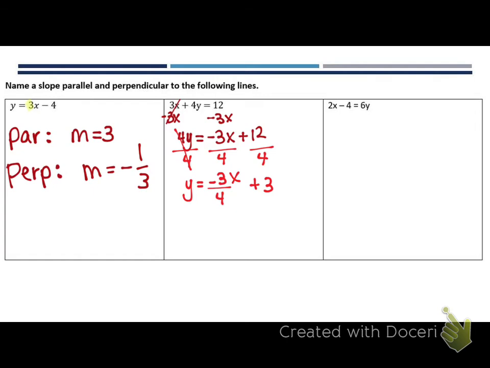So what is the old slope? -3/4. So what is parallel to -3/4? -3/4. And then perpendicular to -3/4 is 4/3, 4/3.